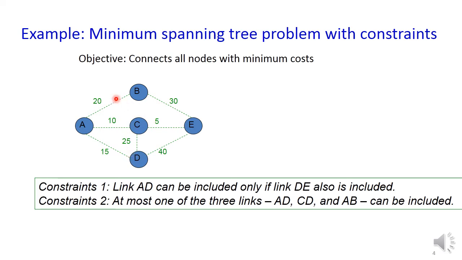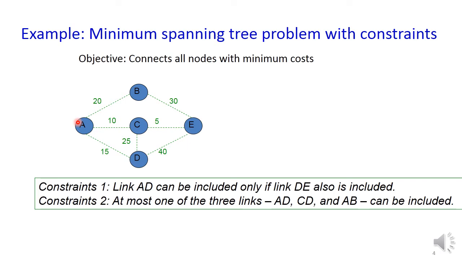For example, consider the vertices A, B, E, C, D: there are 5 vertices and a certain number of edges. One possible tree may be AB, AC, AD and DE. These 4 edges together form a spanning tree. Among all such possibilities, the best one is the one whose total weight is as small as possible. That one is called the minimum spanning tree.